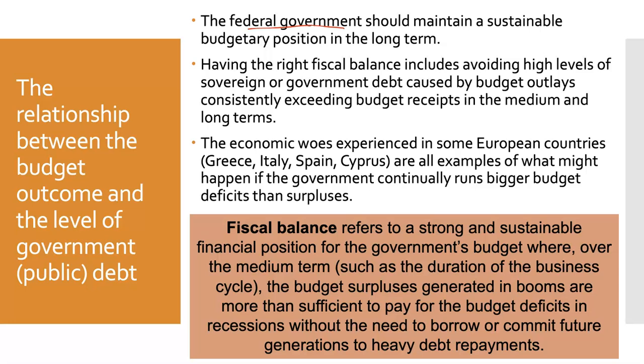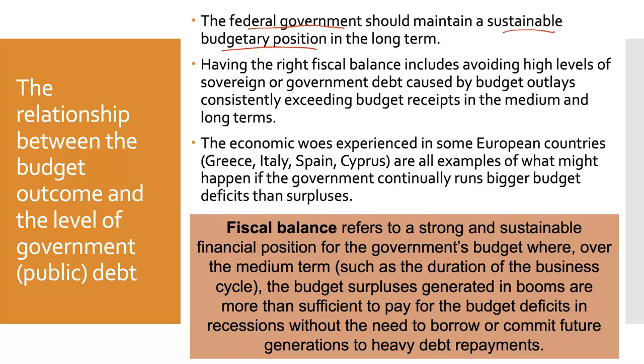And it's typically understood that the government should be maintaining a sustainable budget position in the long term. So not having ongoing deficits. Having deficits when the economy needs to grow, having surpluses when we need to rein in inflation.